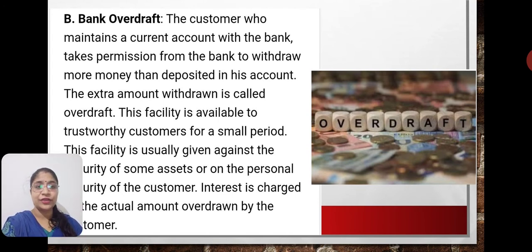Okay, not free, they are not giving it to any of the customers. For the one who is trustworthy and the security is being given, interest is charged on the actual amount which is over withdrawn. Suppose I have 10 lakh rupees, the 10 lakh rupees which I withdraw is my money. The bank will not charge interest on that. Above 10 lakh rupees if I withdraw, on that amount the bank will charge interest.